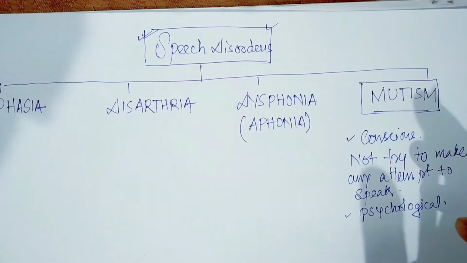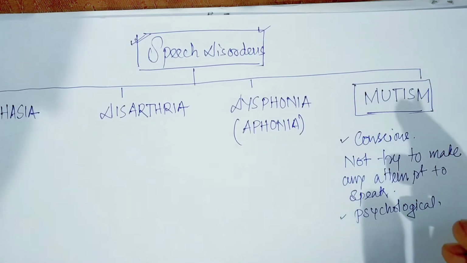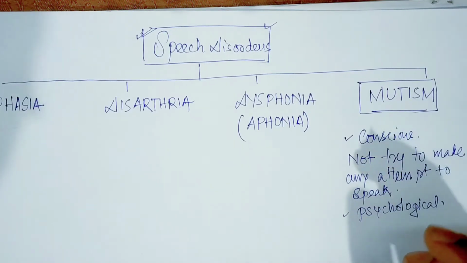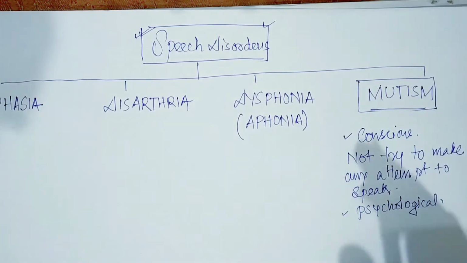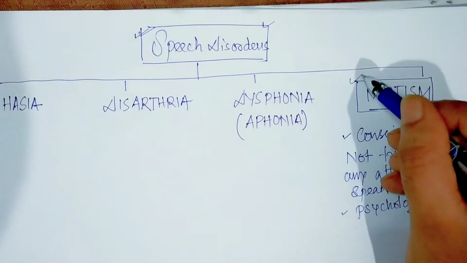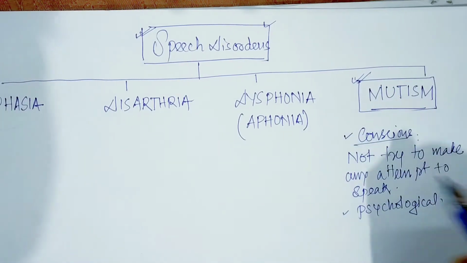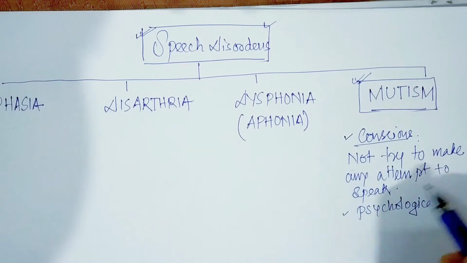But then the patient will give the impression of both paying attention and trying to communicate, but he will not be able to do it verbally. So this one is simple. The patient will be conscious and he will not try to make any attempt to speak.